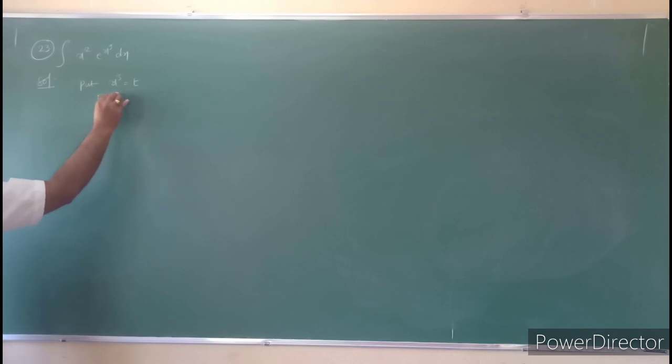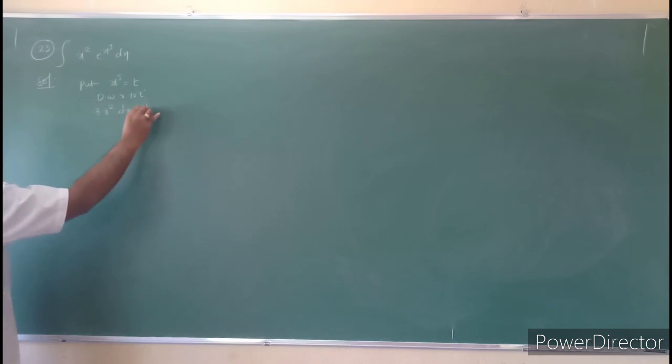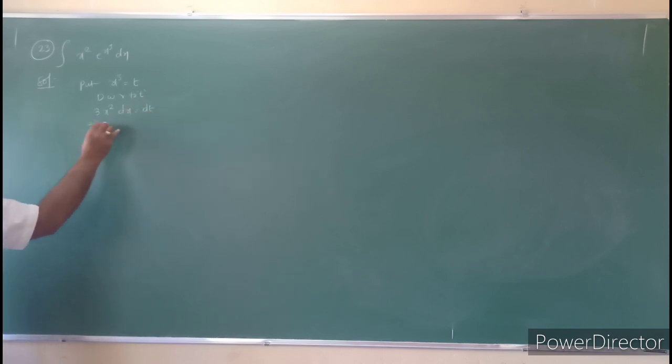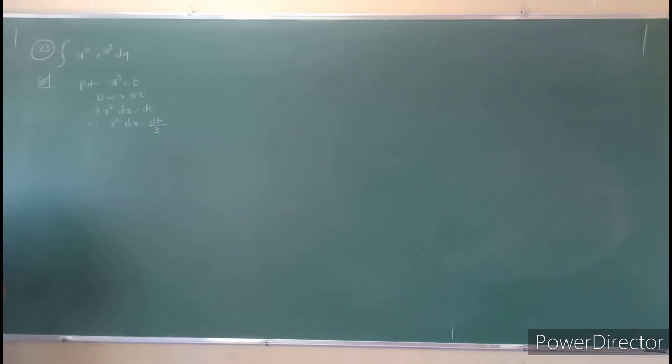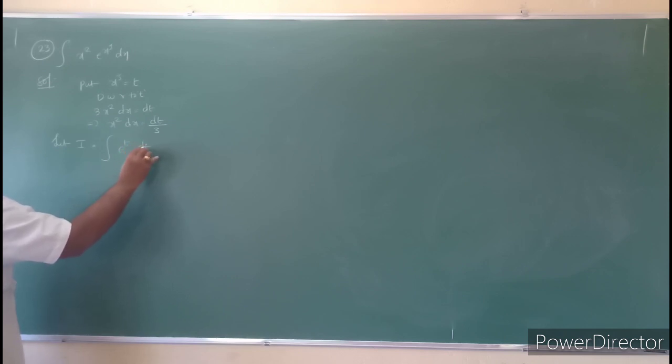So differentiate with respect to t. What happens, students? x cube derivative is 3x square into dx is equal to dt. So that implies x square into dx value will become dt by 3. Take let I is equal to integral of e power t into dt by 3, since x square into dx will become dt by 3.